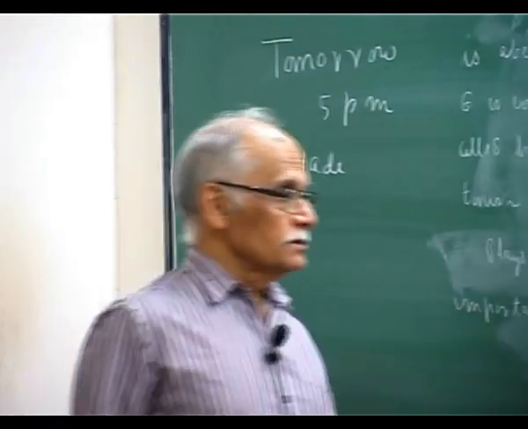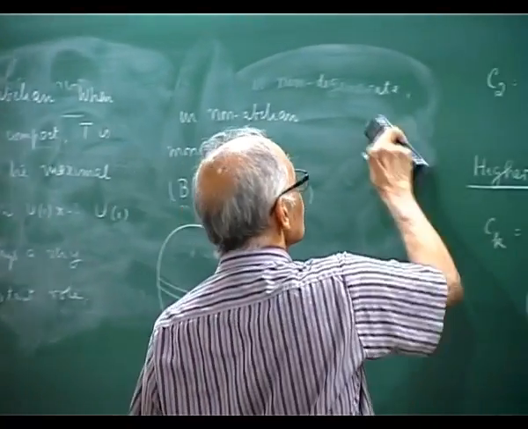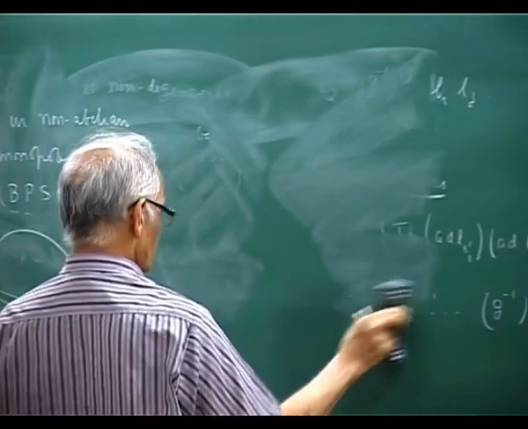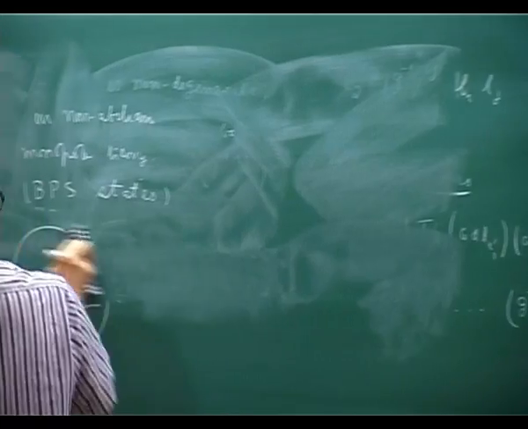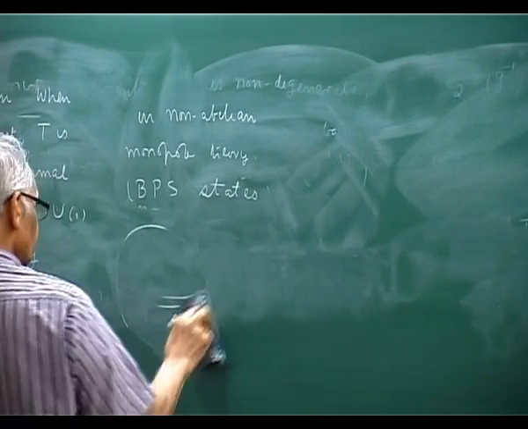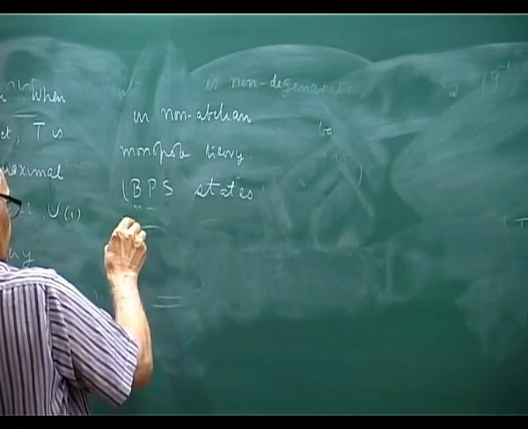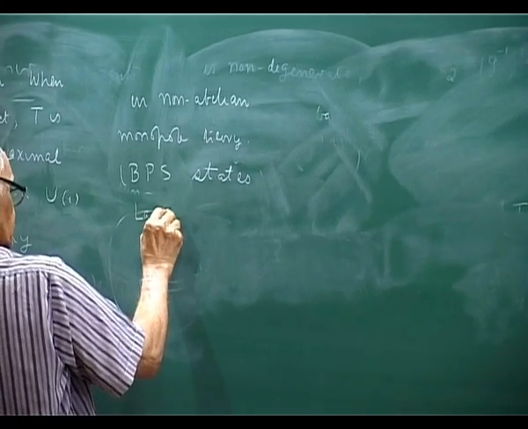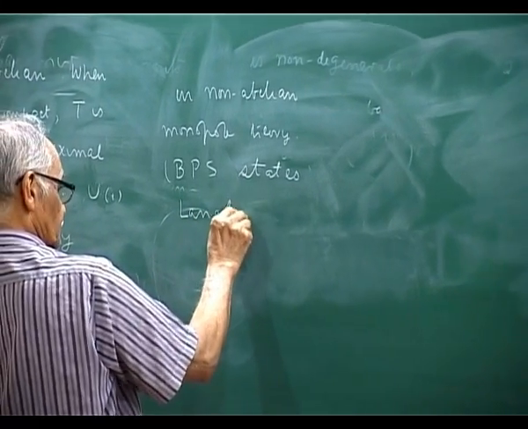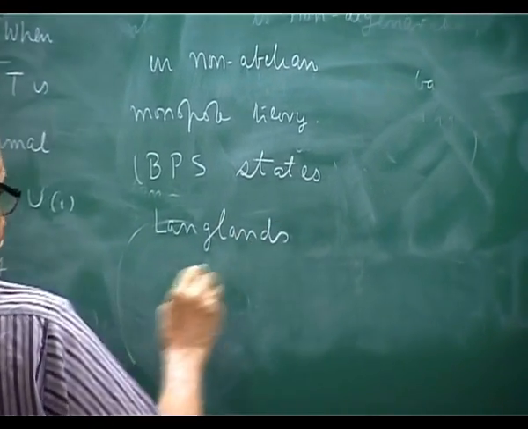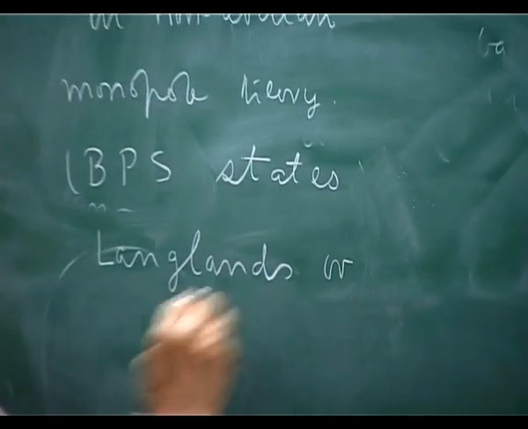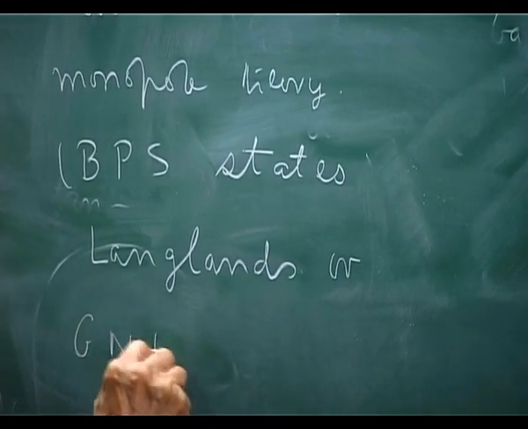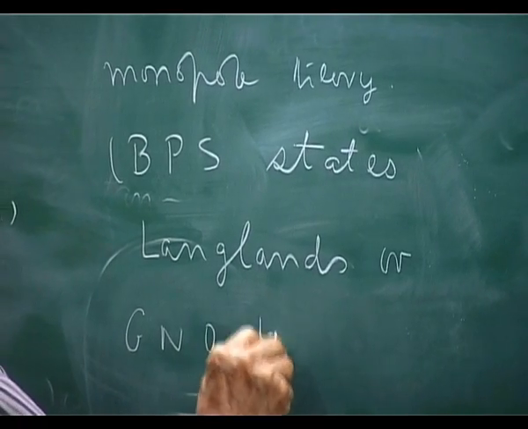Okay, so what is it called? Langlands, some strange thing in mathematics. Langlands duality, or GNO, Goddard-Nuyts-Olive duality.